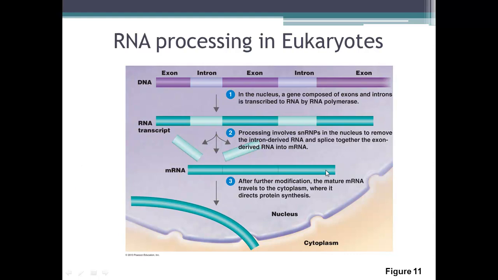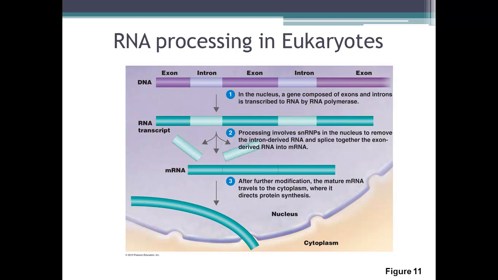That's the nucleus. Ribozymes are going to remove the introns so that we form just the expressed DNA together. From there, the expressed DNA comes together, and the mRNA is then going to leave the nucleus through the nuclear pores.